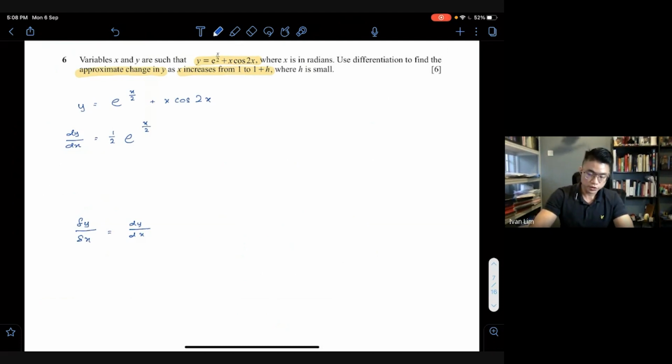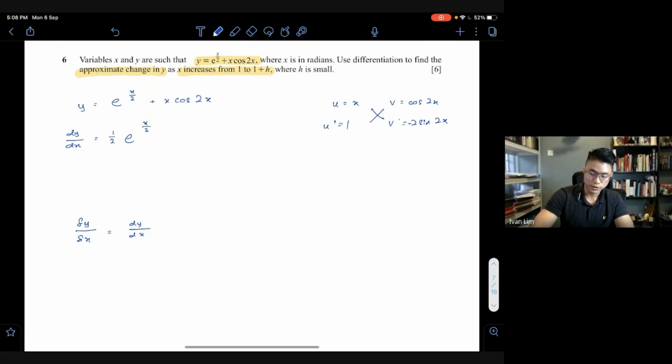x cos 2x, you will need to use product rule. So u equals x, v equals cos 2x, u prime equals 1, v prime equals negative 2 sine 2x. Okay, so I'll straight away write it over here.